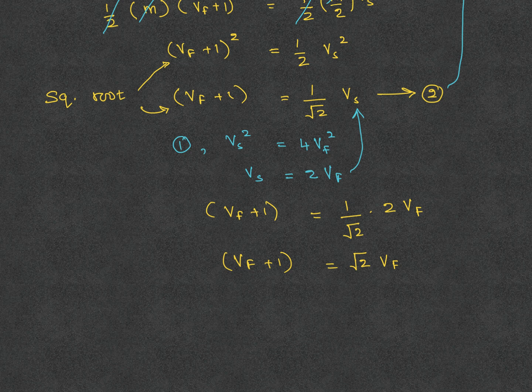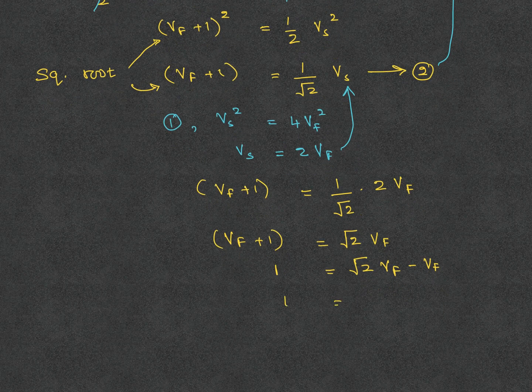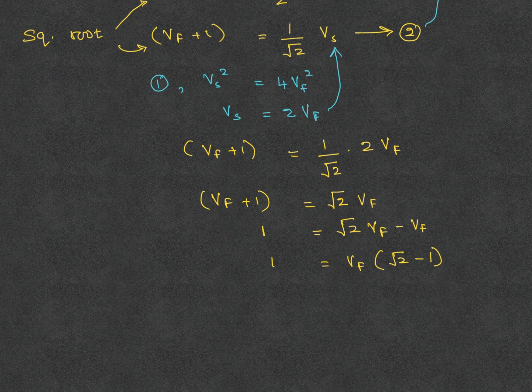Now take vf to one side. I mean, you can do this part however you want. You can use your calculator if you want. Let me leave 1 here and take the vf to the other side. So you have 2vf minus vf. And there you have vf factoring out, and then square root 2 minus 1.